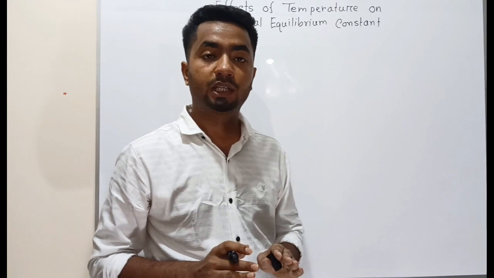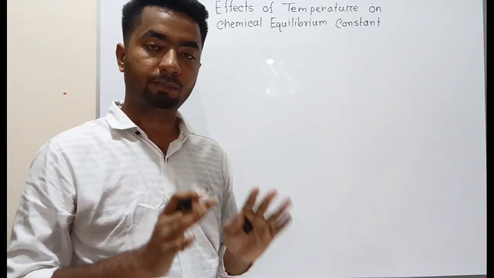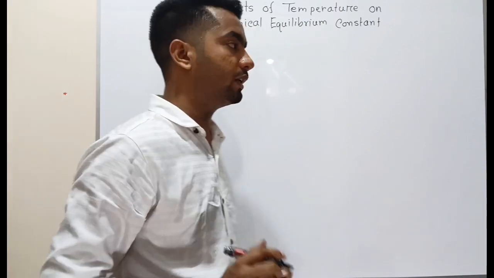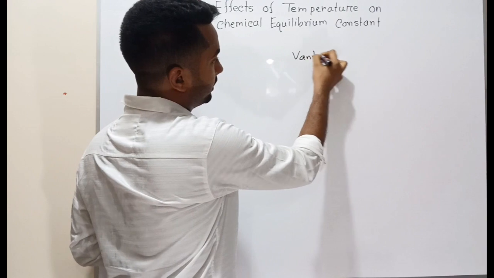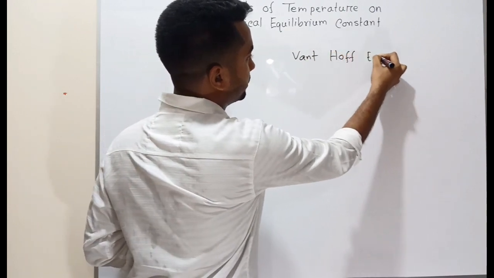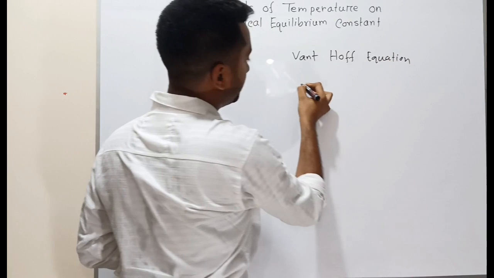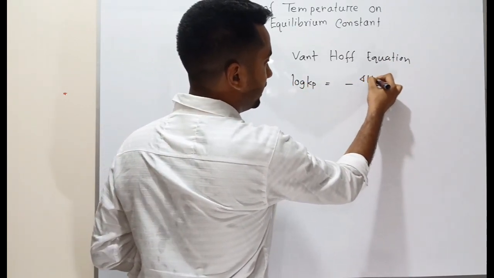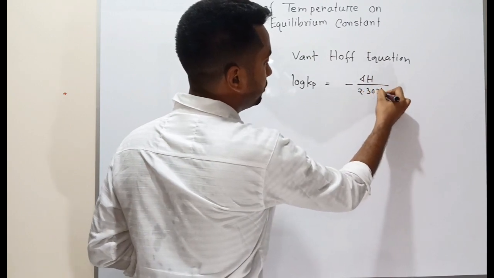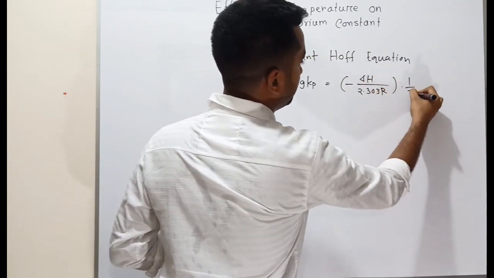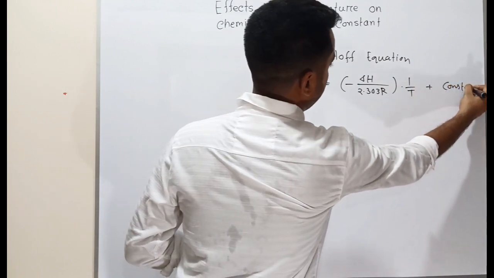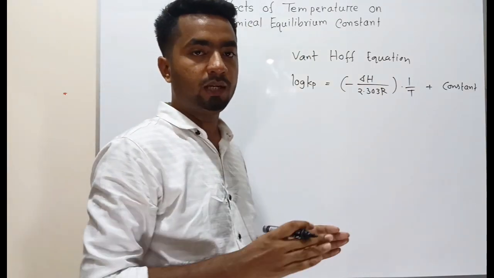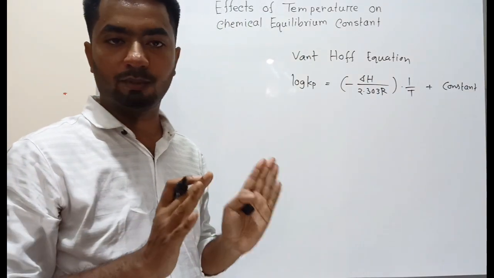The relationship between the chemical equilibrium constant and temperature can be written by an equation famously known as the Van 't Hoff equation. The equation is log Kp equals minus delta H by 2.303 R into 1 by T plus constant. This is called the Van 't Hoff equation, describing the relationship between the chemical equilibrium constant and temperature.